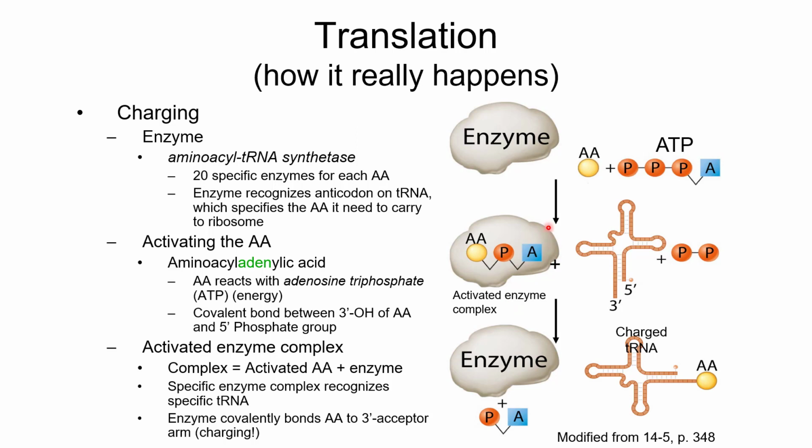So at this point, you'll see we take the ATP, we put it in there, we get an aminoacyl adenylic acid. It then converts this and charges the tRNA using this amino acid and the ATP in the enzyme. It'll attach it to the acceptor arm. Okay, and that makes it activated. This tRNA can then bind to the ribosome and be utilized in translation.